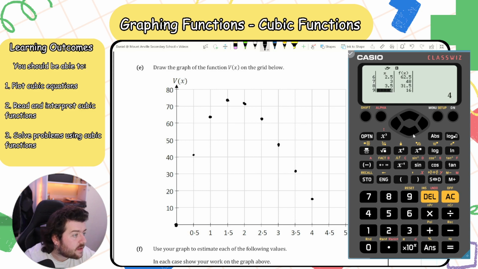Around there. 4.5, 4.5, so it'll be roughly around here, and then 5, 0.